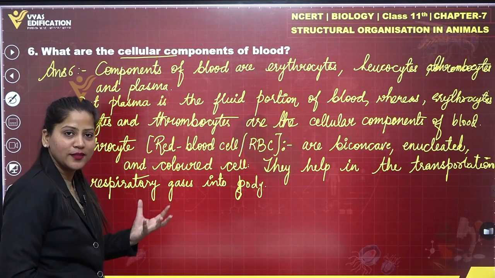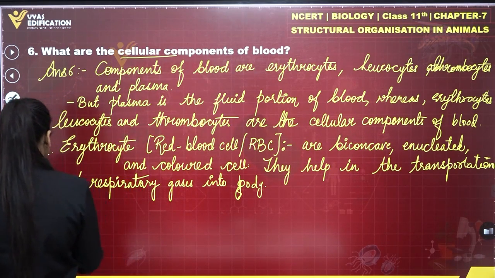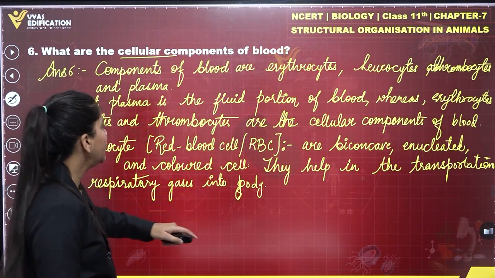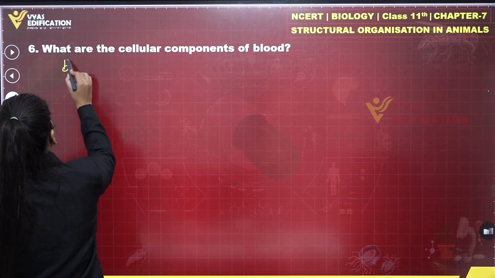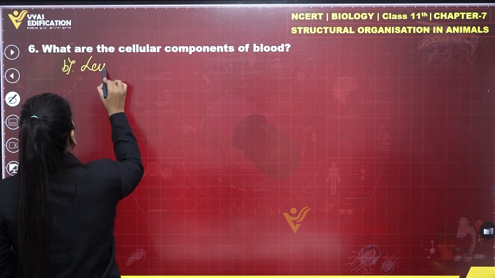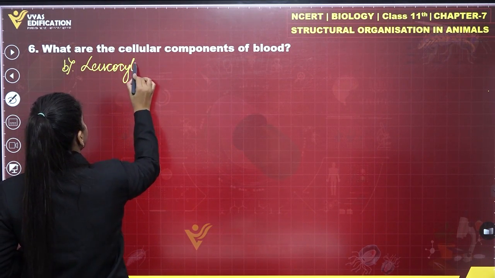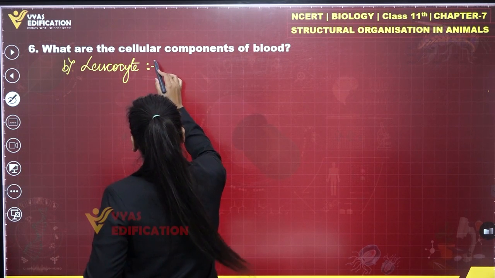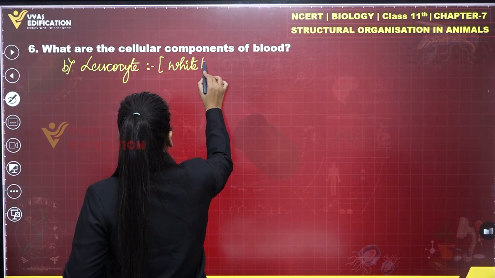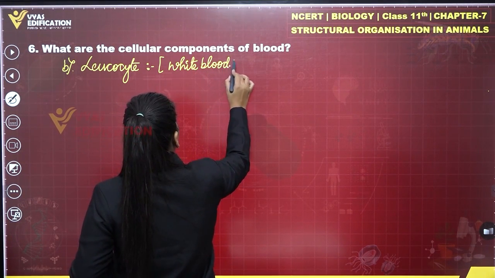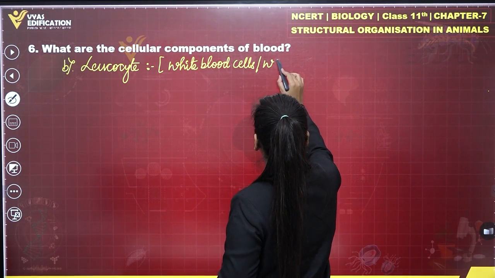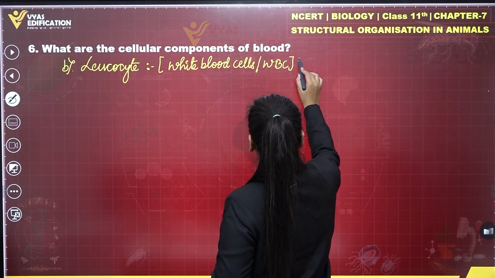Moving on to the next cellular component of blood, that is leukocyte, right? Let's write leukocyte and thrombocyte on the next slide. So I'm writing about leukocyte, the next cellular component of blood. Leukocytes are also called white blood cells, or in abbreviated form we can write them as WBC, right?